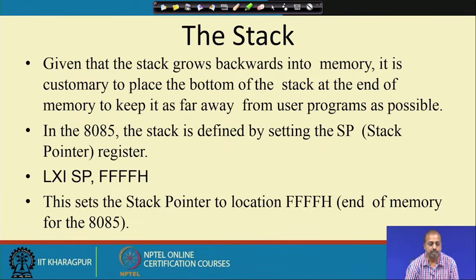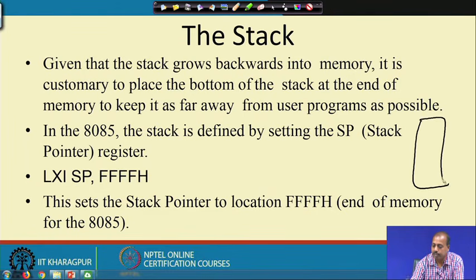setting one special register which is known as the stack pointer register. This is a 16-bit register used for accessing the stack. So, what we want is that if this is my memory, and then the last address is say FFFF, I want this FFFF to be the beginning of the stack.